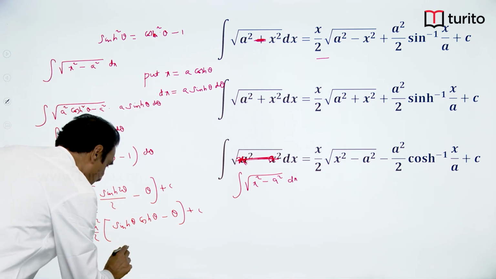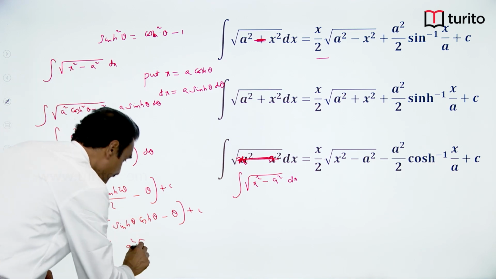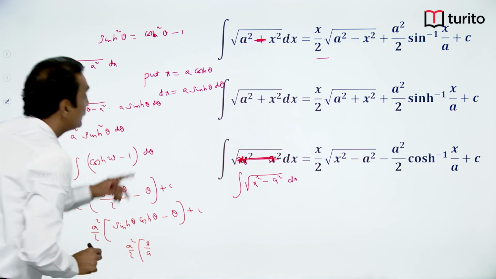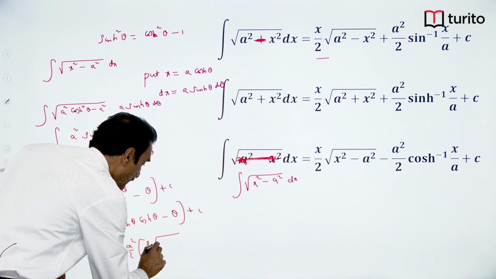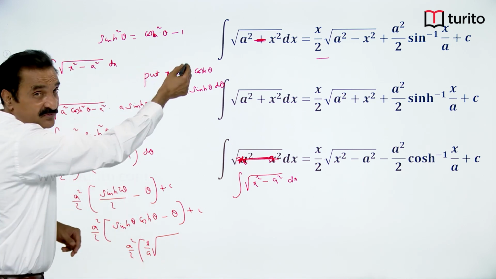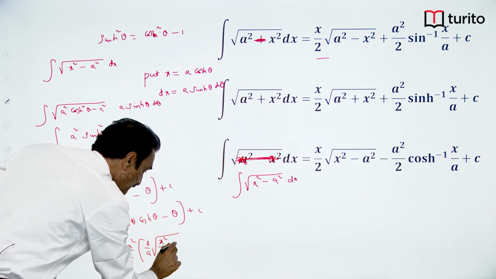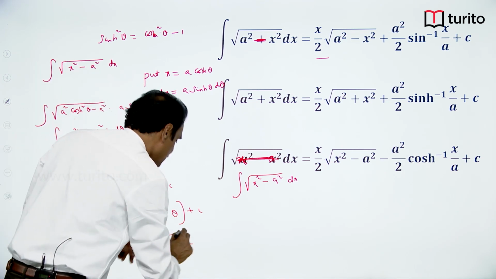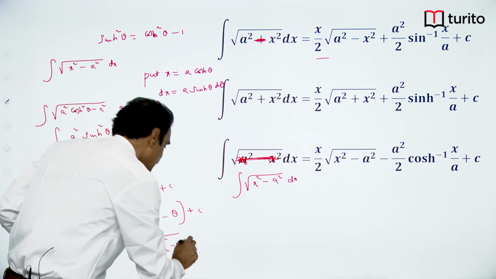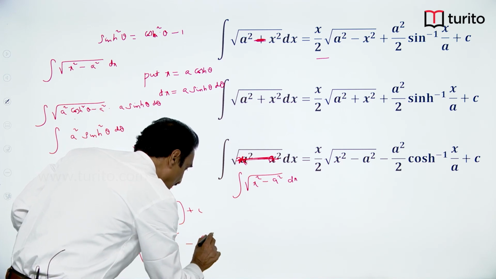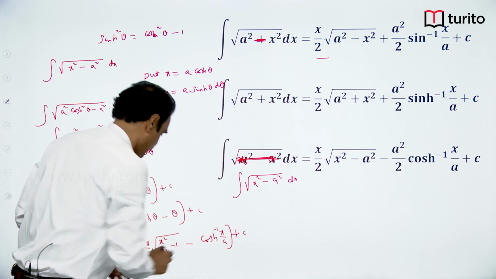So, it is a square by 2 into, cos h theta is x by a, sin h theta is root over x by a whole square minus 1, minus theta. X by a is cos h theta, so theta is cos h inverse x by a plus c.